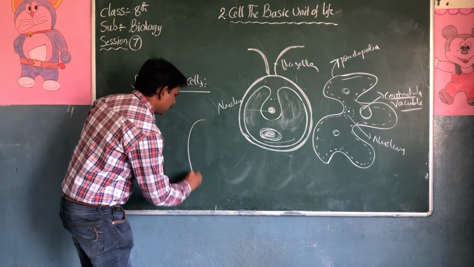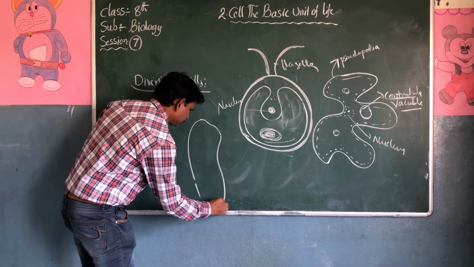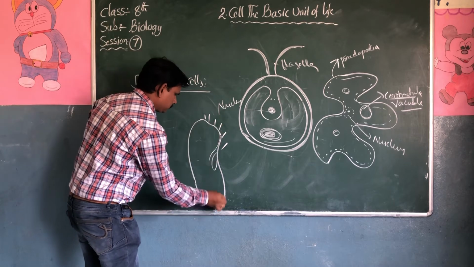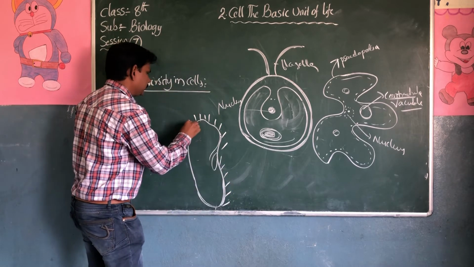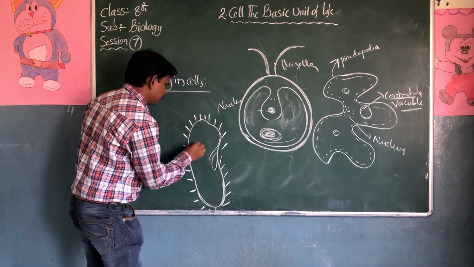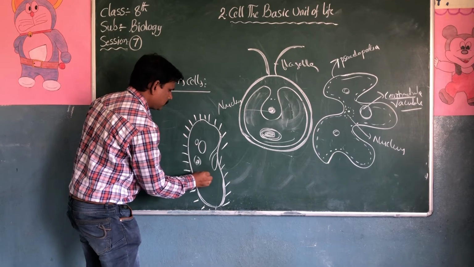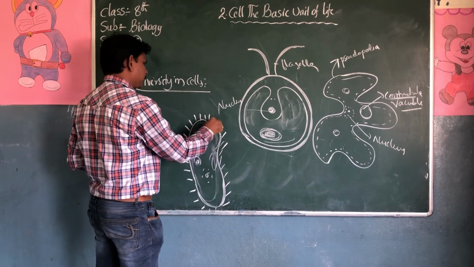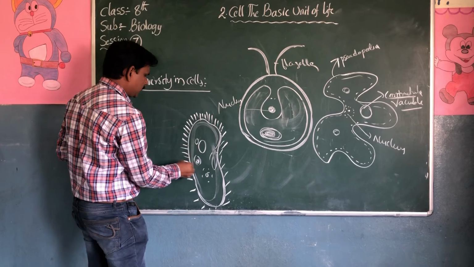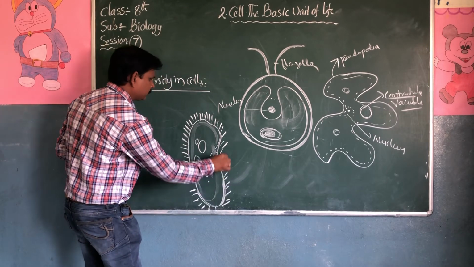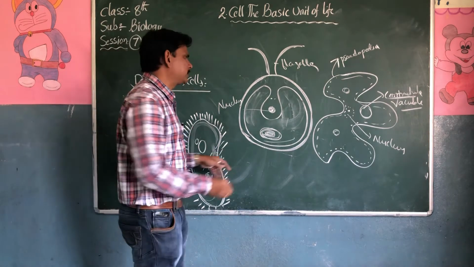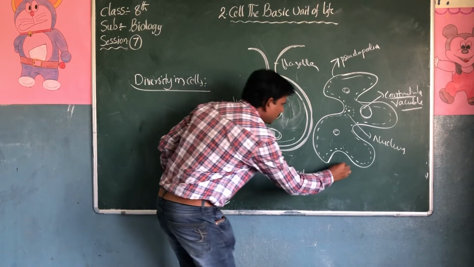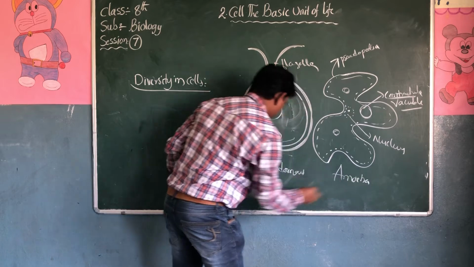One more diagram, that is paramecium. The paramecium diagram is not there in your book, just write it. So there are three diagrams: Chlamydomonas, amoeba, paramecium.